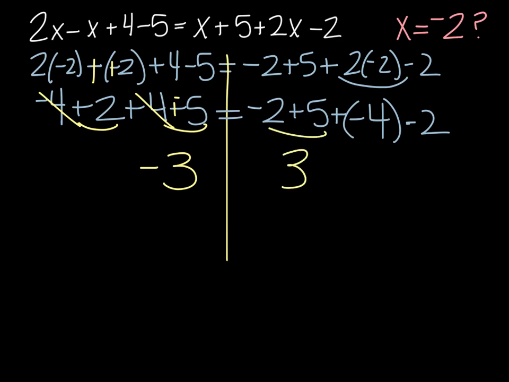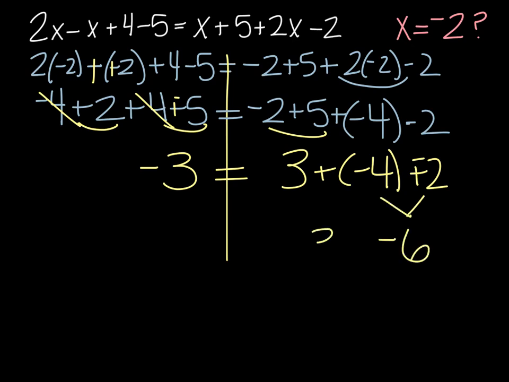You get 3. I'm going to just kind of drop down the rest of this here. So I have 3 plus negative 4 minus 2. I'm going to turn this into plus negative 2 to make it easier to work with here. I'm going to add my negatives first. Negative 4 plus negative 2 is negative 6. 3 plus negative 6 is negative 3.